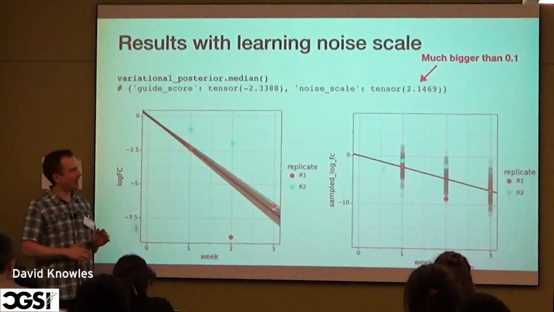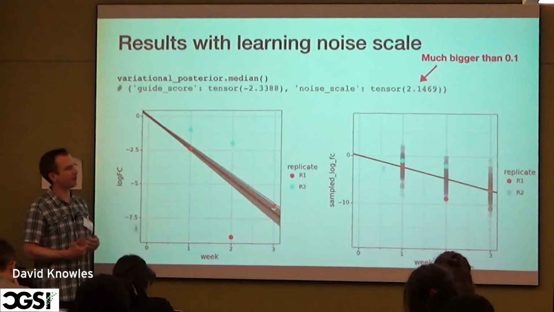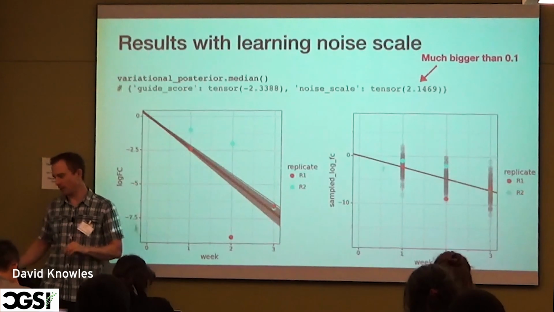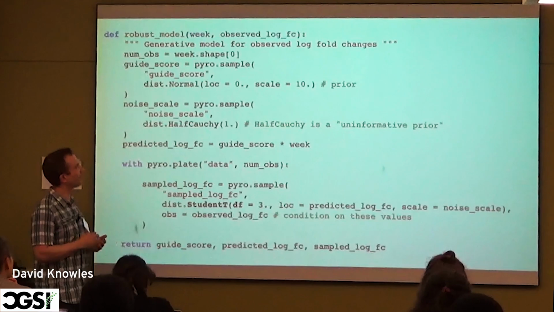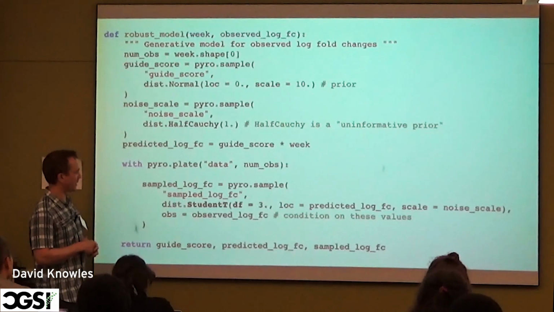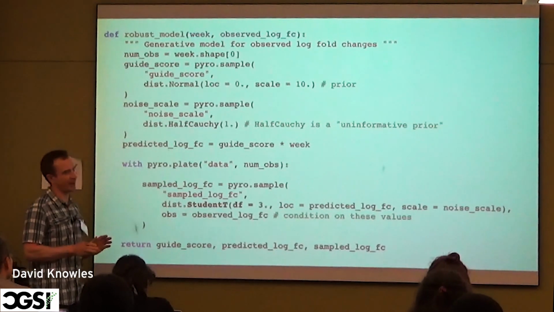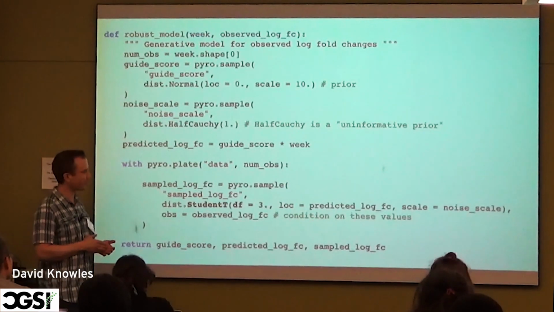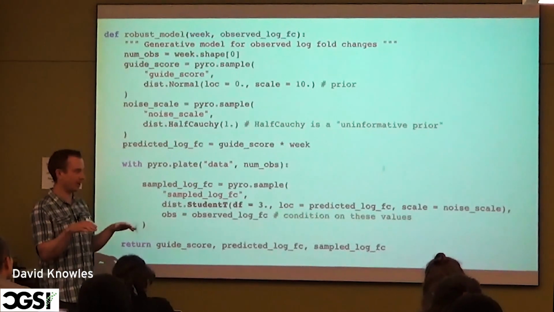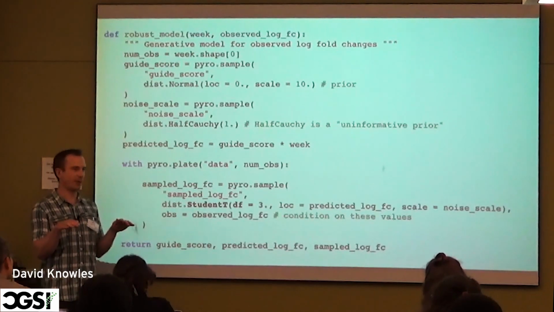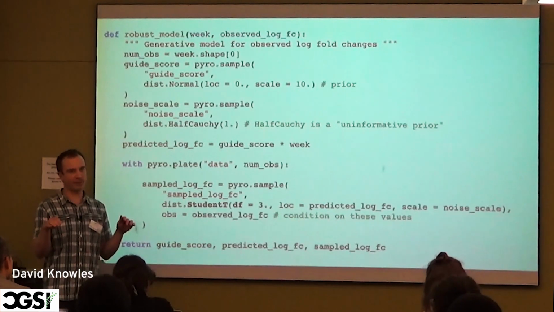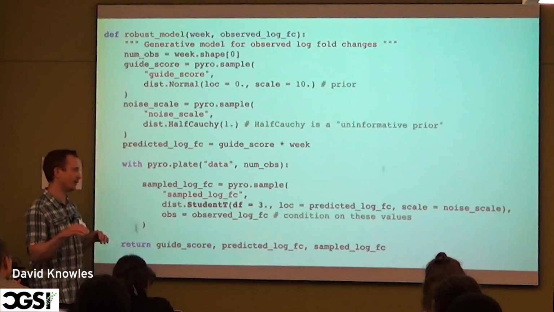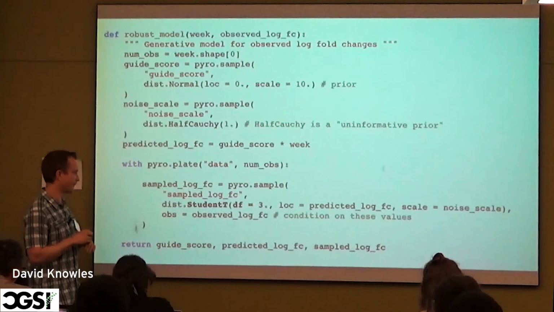In general, we often worry about outliers in data skewing our results. One way to handle outliers in a somewhat smooth way is to use robust likelihood functions. Rather than using a Gaussian noise model, we can use some distribution that puts more support on the tails. One way of thinking about this is that the model is less surprised to see those outlying values, and so they have less effect on the model fit.